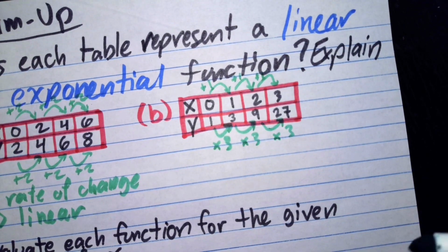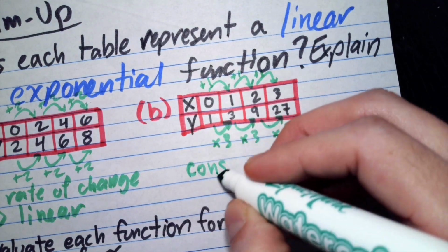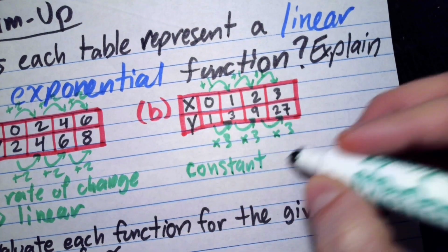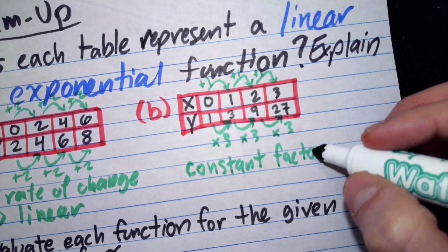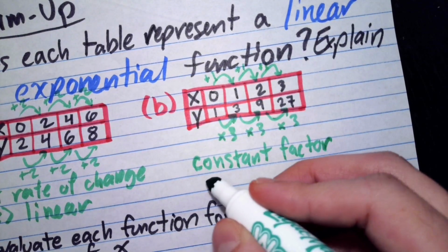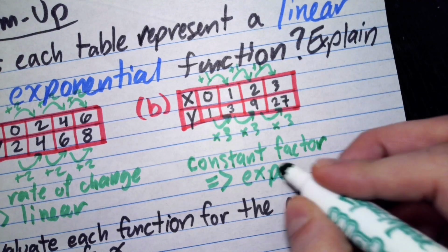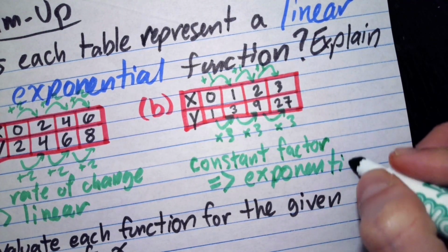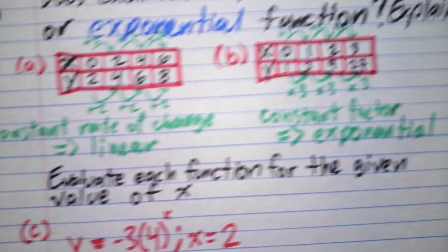So we don't have a constant rate of change, but we do have a constant factor, which is 3. And whenever data in a table shows that we have a constant factor, this tells me that this function has to be exponential. So A is linear, B is exponential.